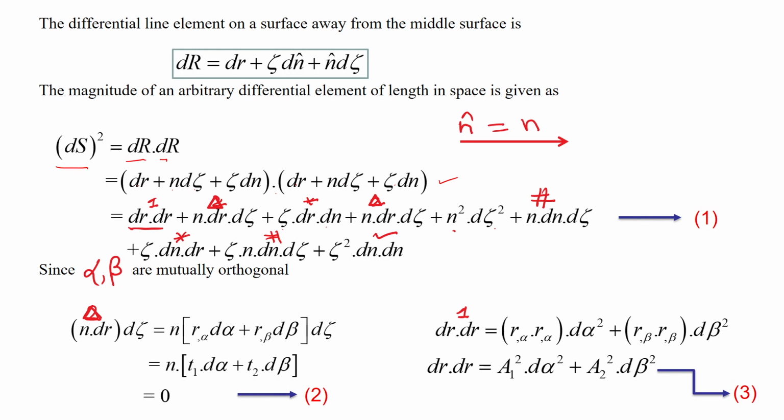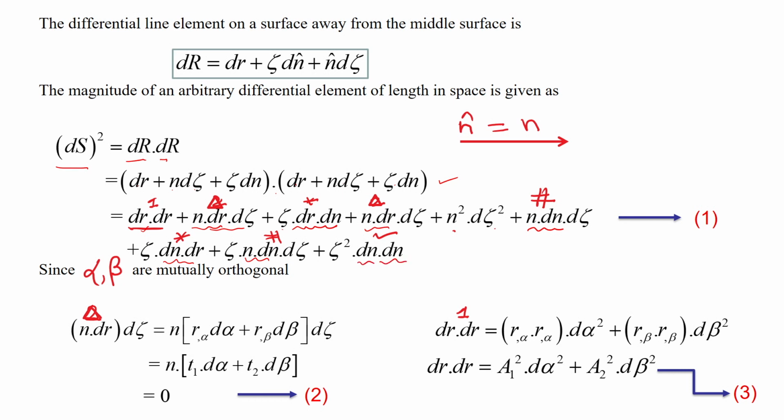But in this equation 1, we are aware that the small dr dot dr we know, we can convert it to Lamé's first fundamental form. But what are these other terms, dr dot dn, n dot dr, n dot dn, dn dr, dn dn, and so on.